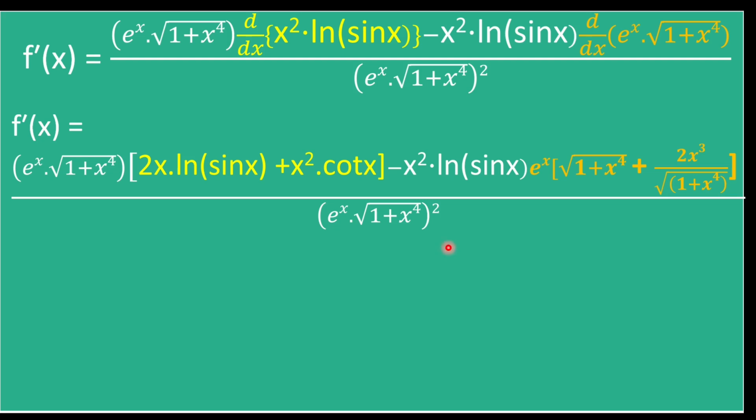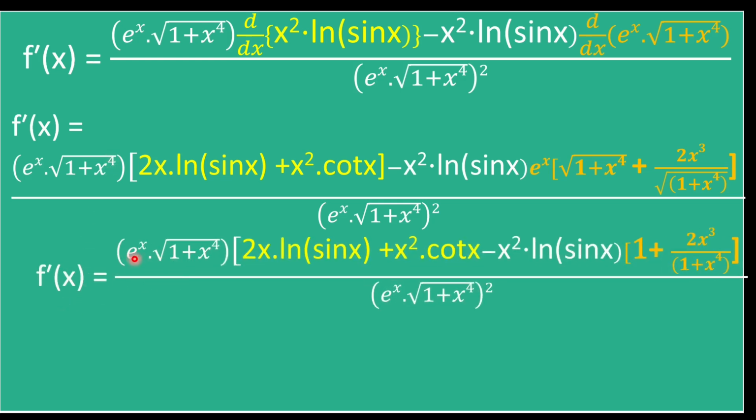And now we will take this e^x into 1 over square root of 1 plus x^4 as common. So when we take this common from here, we have 2x into ln sin x plus x^2 minus cot x, and here minus x^2 ln sin x, and here we will have 1, and here this term will become 1 plus x^4.